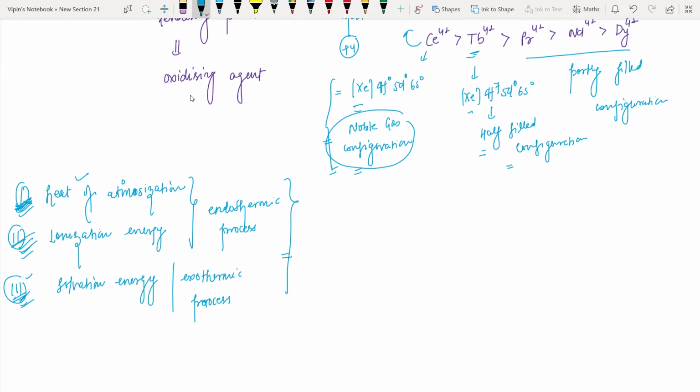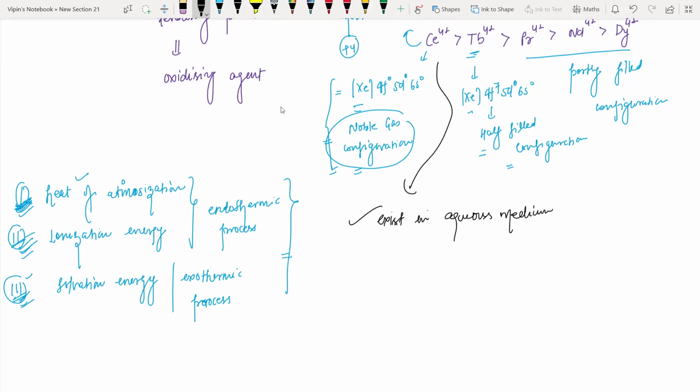Right? Now, as we know, this is the stability order of +4 ions, and among these, the most important is cerium 4+. Cerium 4+ exists in aqueous medium, right?